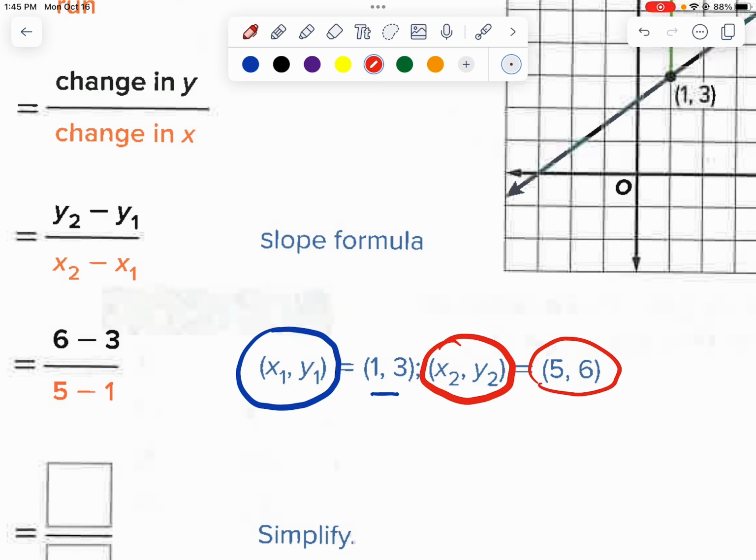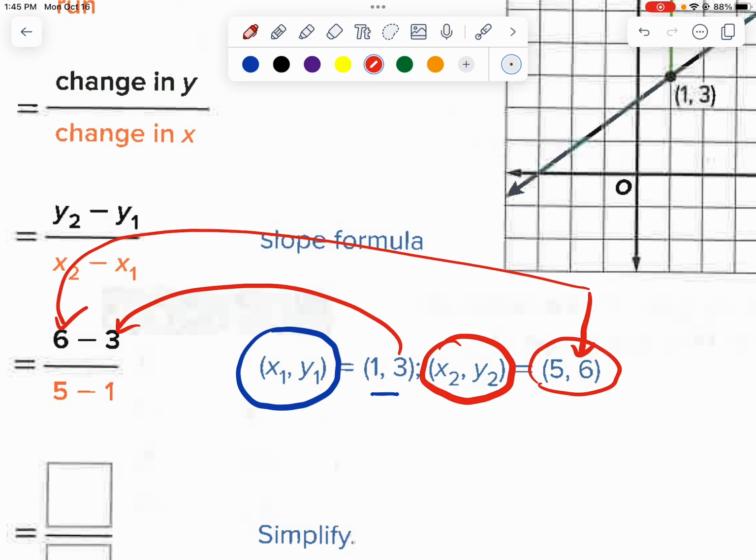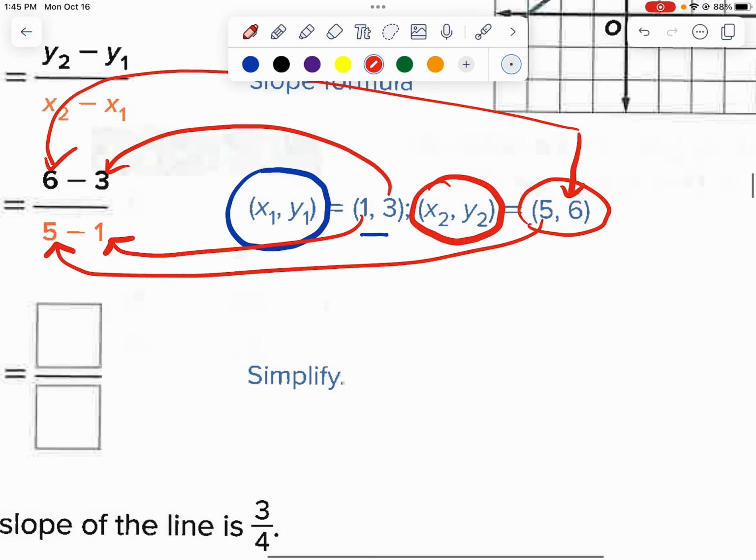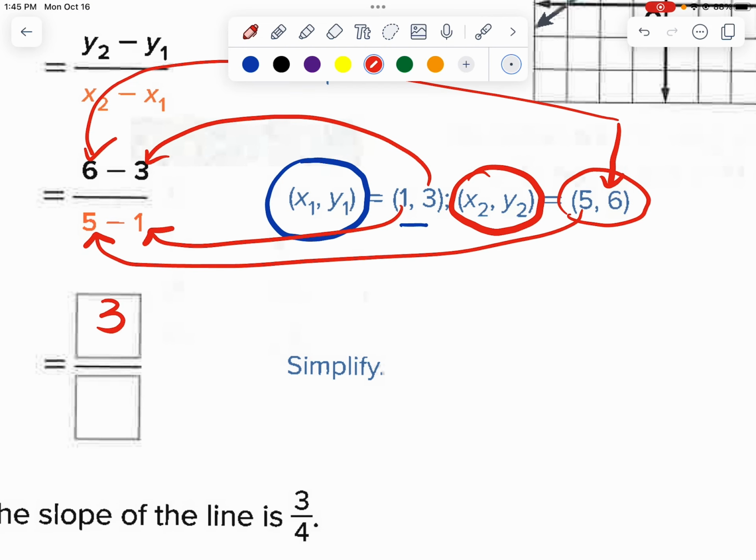So, if I'm doing y2 first, that means that 6 is going first. That's why it's right there. Then y1, so then this one comes. Then it says x2, so then we have this one, and then this one. So I subtract, I get 3 over 4.